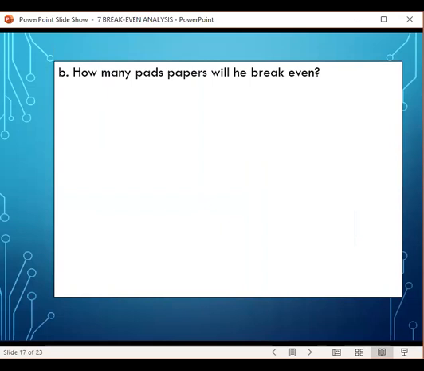For letter B, how many pads of paper will he break even? So again, this is a break even, meaning the total cost is the same as the revenue. Now the total cost is 5,000 plus 5x. Again, 5,000 is the fixed cost and the variable cost is 5x. So 5,000 plus 5x is equal to 10x.